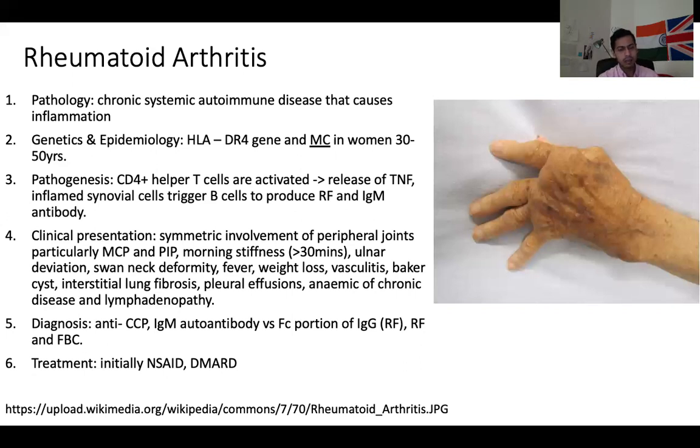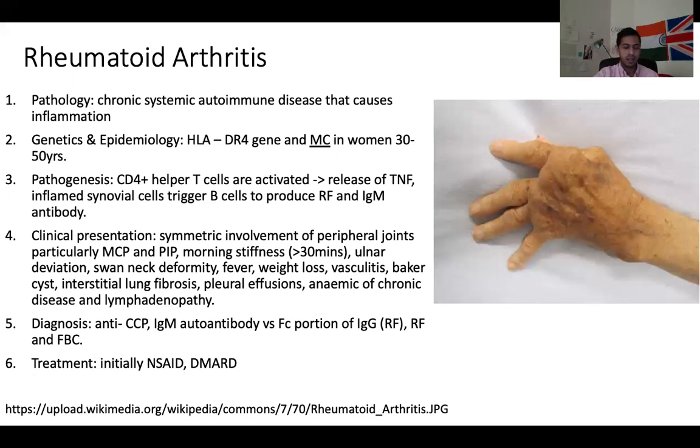Obviously, the other systemic rheumatoid manifestations such as interstitial lung fibrosis, pleural effusions, and chronic disease in the immune system, so lymphadenopathy, sorry, can also be present.